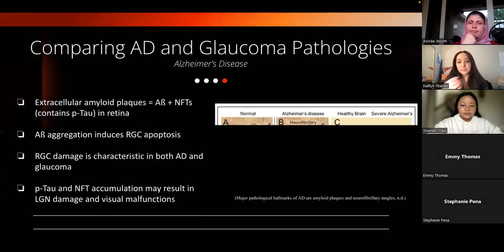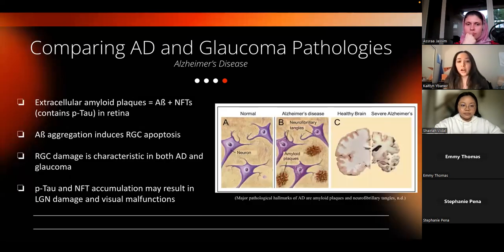Alzheimer's results from some sort of aggregation of abnormal proteins, such as amyloid-β and NFTs, which is neurofibrillary tangles. With this aggregation, we may be hindering connections and communication when it comes to visual processing.